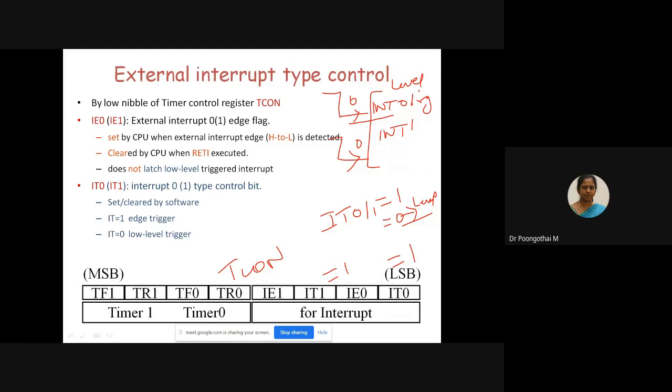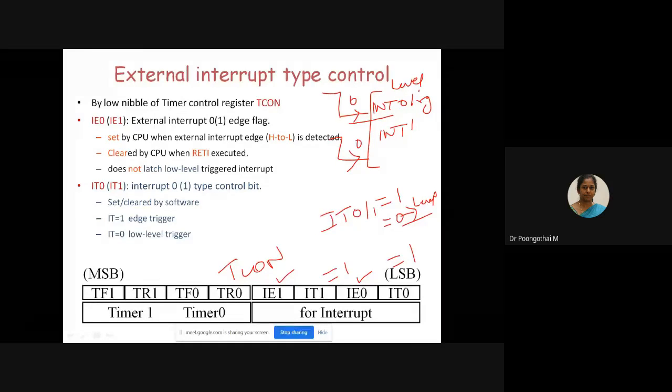So we have two flags associated with the external interrupts, IE0 and IE1. IE0 is the edge flag for interrupt 0, IE1 is the edge flag for interrupt 1.